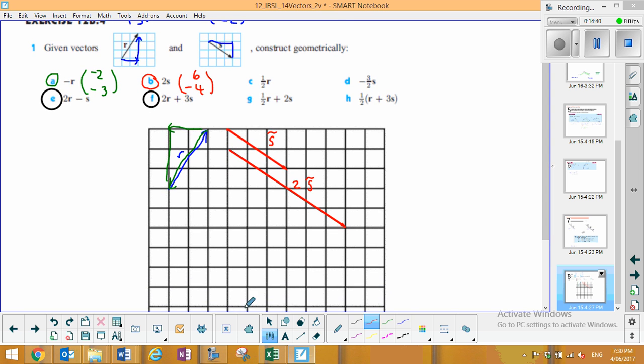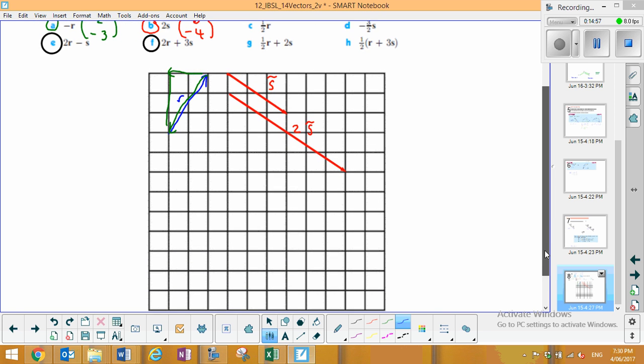2R minus S. So let's go back to blue here. If we want 2R, if I start R here, and where are we going to end up? We're going to have 1, 2, and then minus S is going to go in that direction. I need to start right down the bottom.